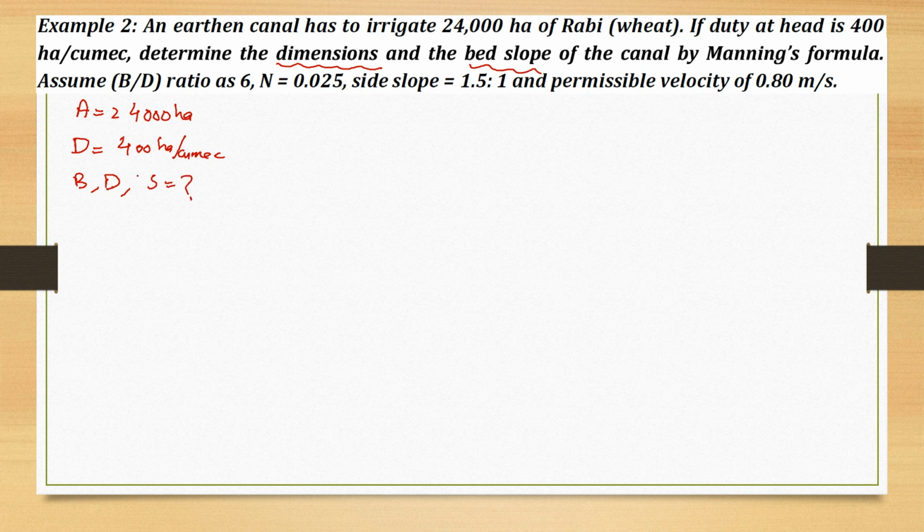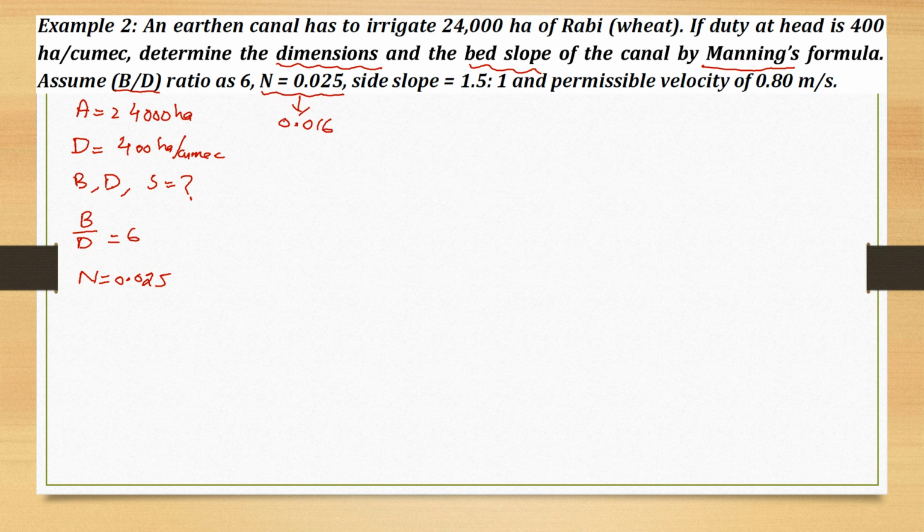So we have three things to determine in this question: B, D, and S of the canal by Manning's formula. So he has restricted us to use Manning's equation. Here the B by D ratio is given, so we will write it as B by D equal to 6. Manning's roughness coefficient N is given as 0.025. And if Manning's coefficient is not given in the question, you will always take it as 0.016.